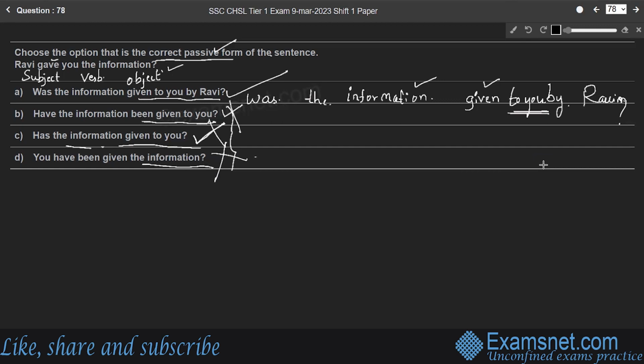So option A is the right answer, right? So here the subject is the information, and the past participle form of the verb is given, particularly was given, to you by Ravi is the object. Option A is the right answer.